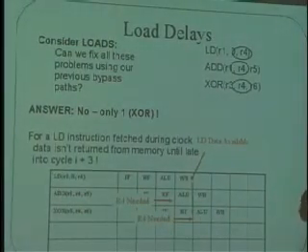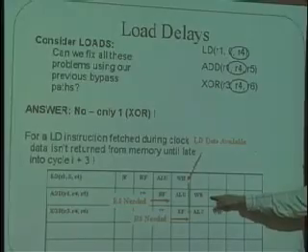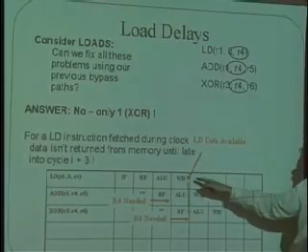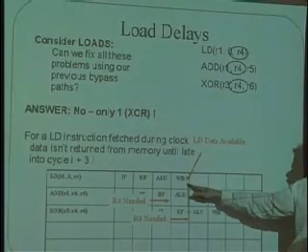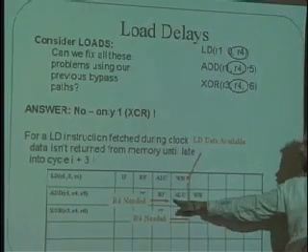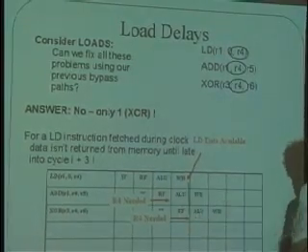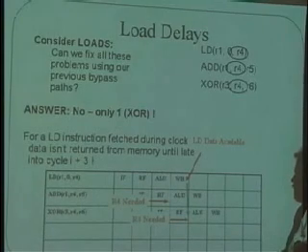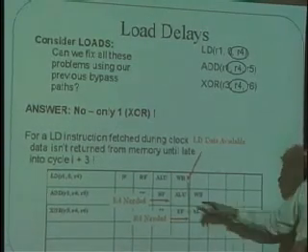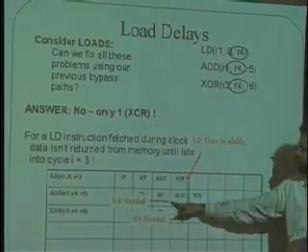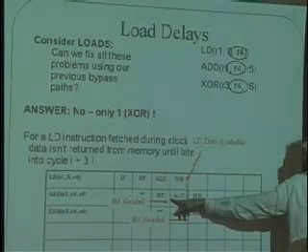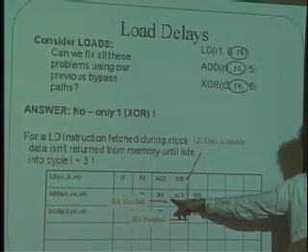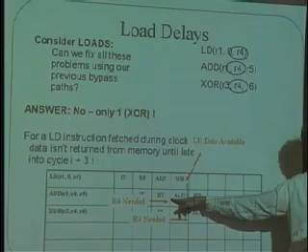But how about this instruction? What if we load something over here and we want to process it right over here? Can we bypass that as well? In other words, right over at this time right here is where the ALU needs the value of register 4.